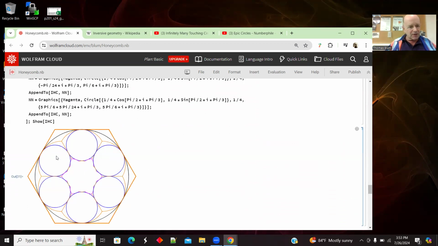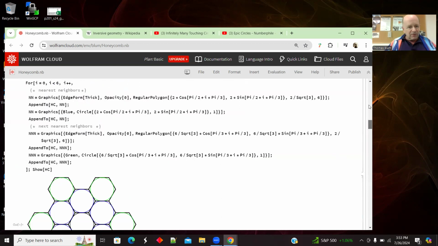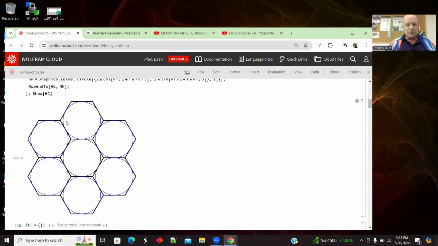Okay, so remember I'm just inverting this first set of these. The first thing I am going to do is these bounding lines. And so there's a touching point. When that line is inverted, it's going to become an interior circle, and that circle has to go through the origin.